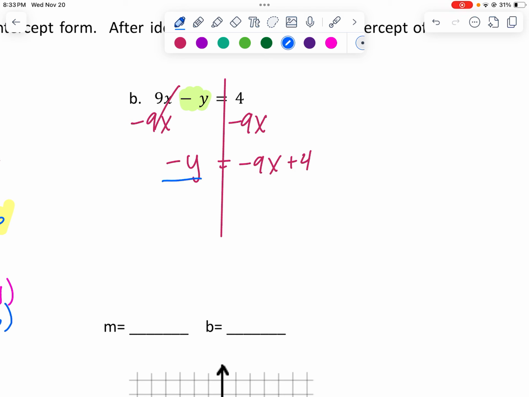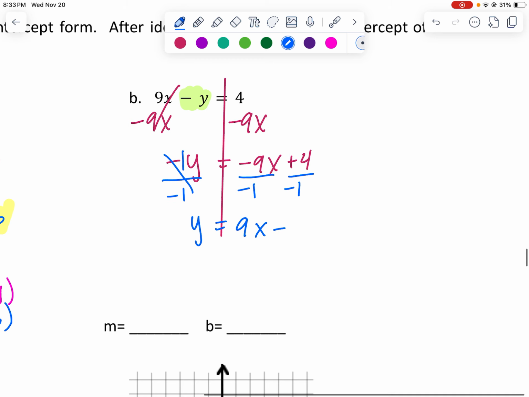There's really a sneaky little -1, so I'm going to divide everything by -1. My -1's cancel out. I'm left with y is equal to -9 divided by -1 gives me a 9x. Then I have a positive 4 divided by -1 gives me a -4. So here's my equation in slope-intercept form.